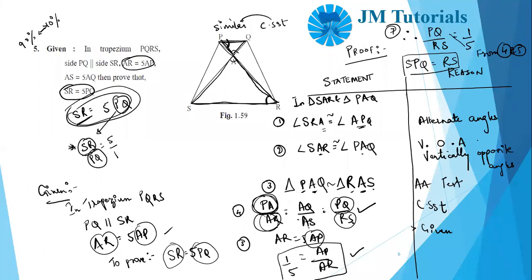Then you write the one-to-one correspondence. A is going with A, P is going with R. Then what is left over here? Q, and here? S. Then you write their CSST: first, second, second, third, and then first, third. Then you see that this is given. So you write that. Now see, PA is on top, AR is down.